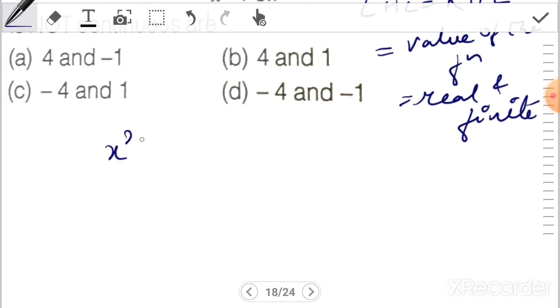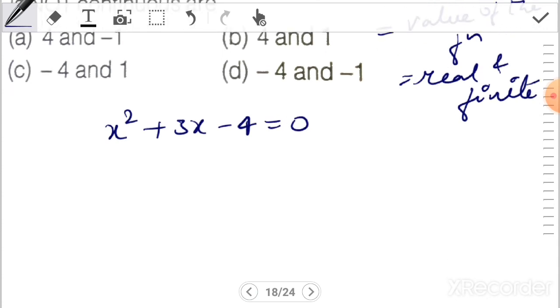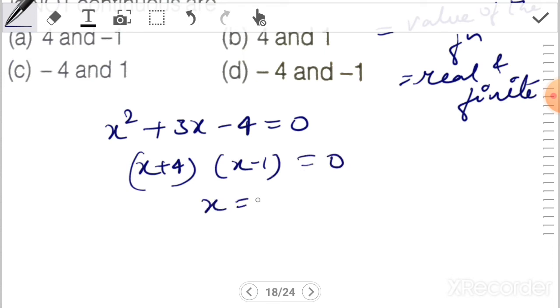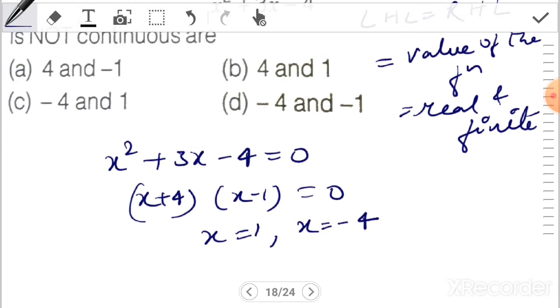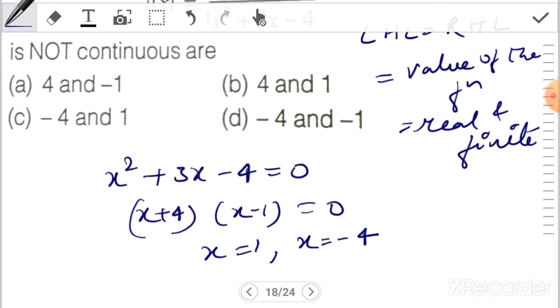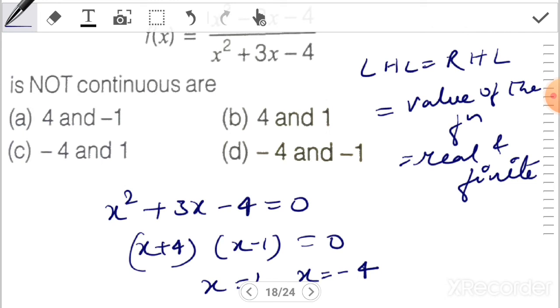So x squared plus 3x minus 4 is equal to 0. You have to find the roots. So this is (x plus 4)(x minus 1) equal to 0. So x is equal to 1 and x is equal to minus 4. So this function is not continuous at x equal to 1 and x equal to minus 4. So C is the right answer.